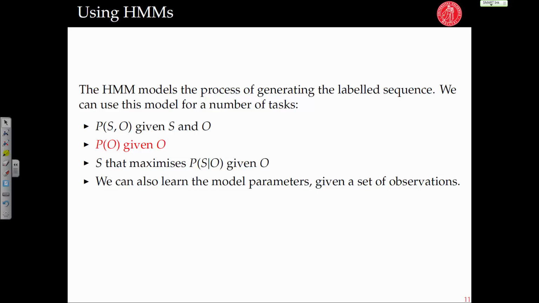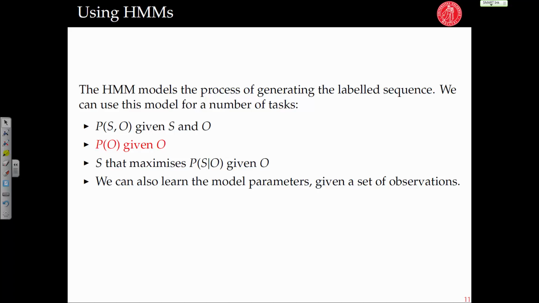What is this? Does it ring a bell? Do you feel that you have seen this, computing this probability, before? It's something we have done, but described here in different terms.